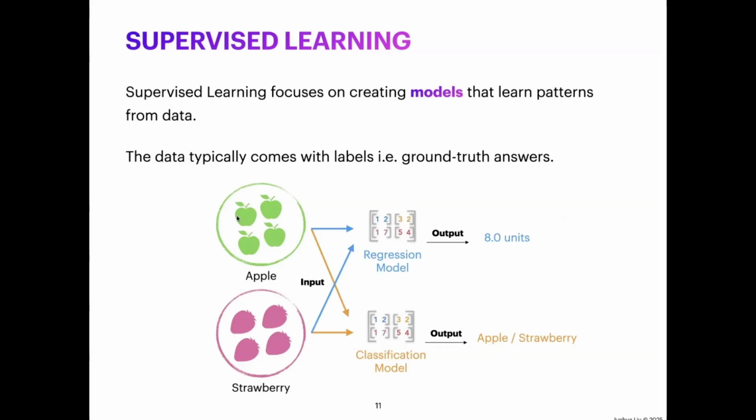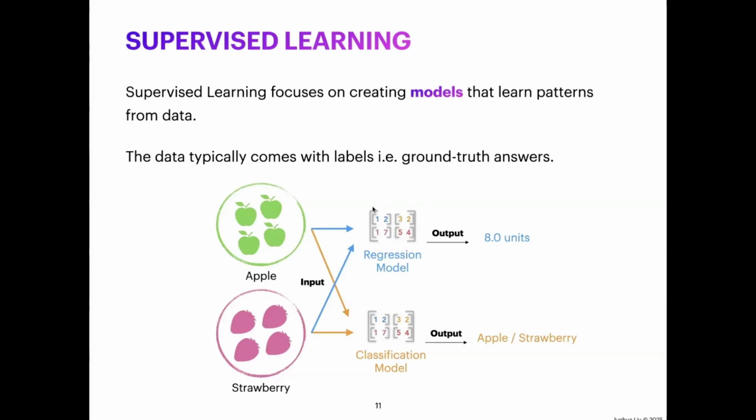When we pass all these observations or this data into the classification model, we expect the model to generate an output that is discrete, non-continuous, such as the type of the image. Here the model may guess this green color shape is an apple, and this pink color shape to be a strawberry.